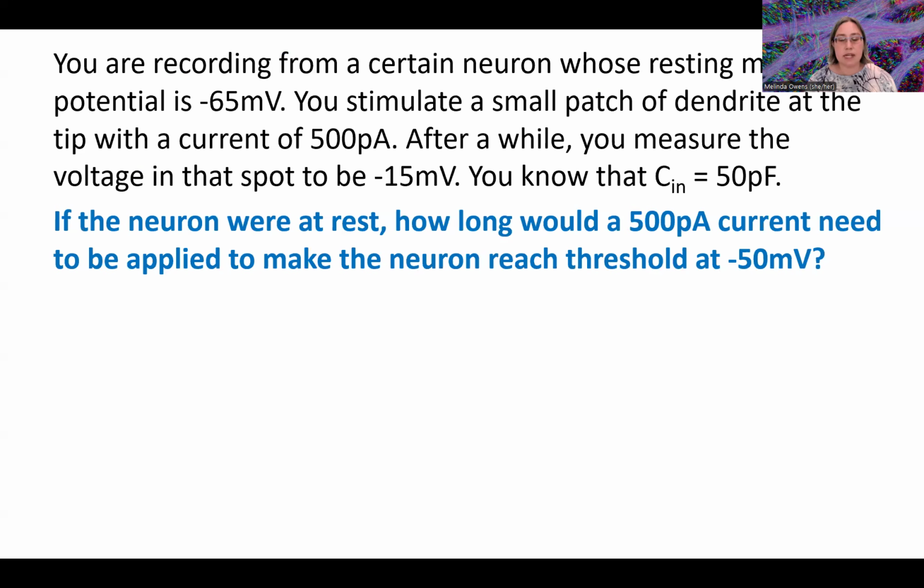So after a while, that's going to be key. You know the input capacitance, it's 50 picofarads. If the neuron were at rest, how long would that 500 picoamp current need to be applied to make the neuron reach threshold at negative 50 millivolts? Go ahead and think about that for a bit.